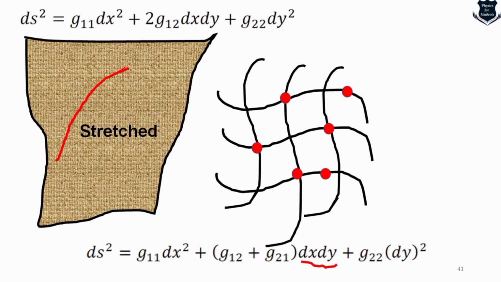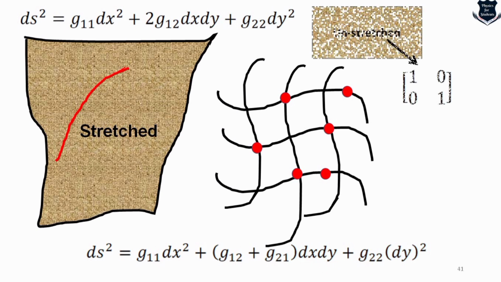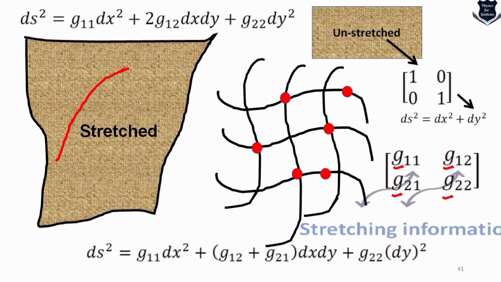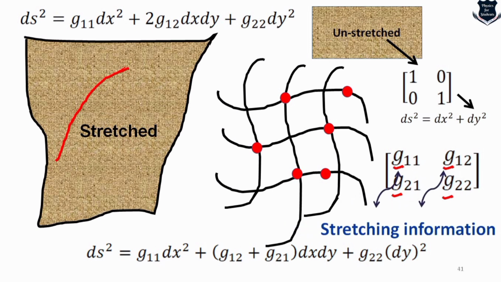So here you see dx dy means that the lines are not perpendicular, they are not orthogonal to each other. And you remember just a few minutes back I've shown that the problem while measuring vectors is that they're not orthogonal. So what we do is that we get the unstretched information, forget about what it means, using this formula, and then we can plug those into these values and we get the stretching information.